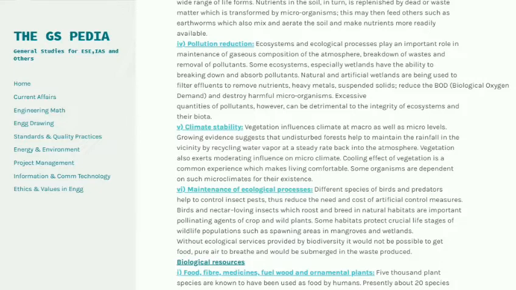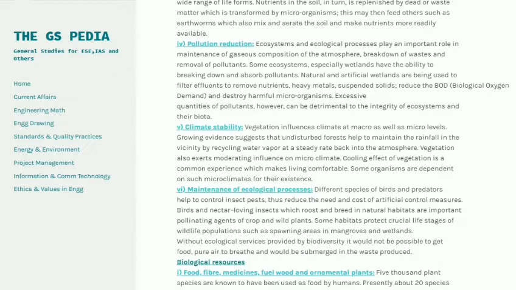Some habitats protect crucial life stages of wildlife populations, such as spawning areas in mangroves and wetlands. Without the ecological services provided by biodiversity, it would not be possible to get food and pure air to breathe, and we would be submerged in the waste produced.